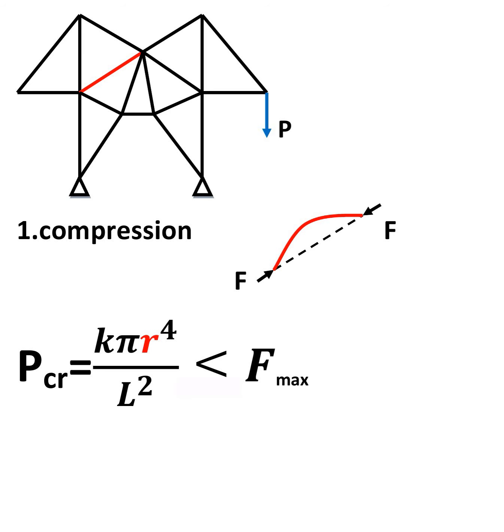For instance, if Fmax is 10 tons and the critical load is 9 tons, we should increase the critical load to, for instance, 11 tons by increasing its radius.